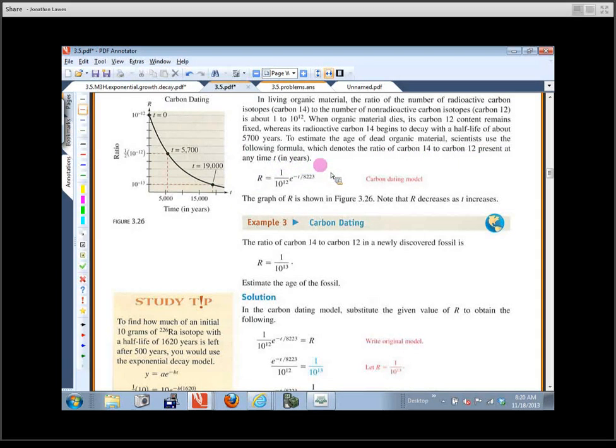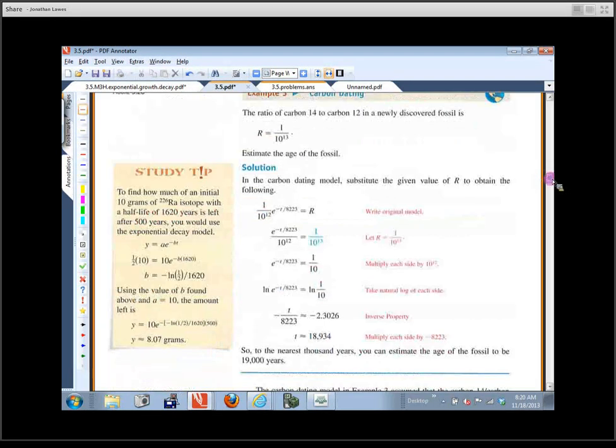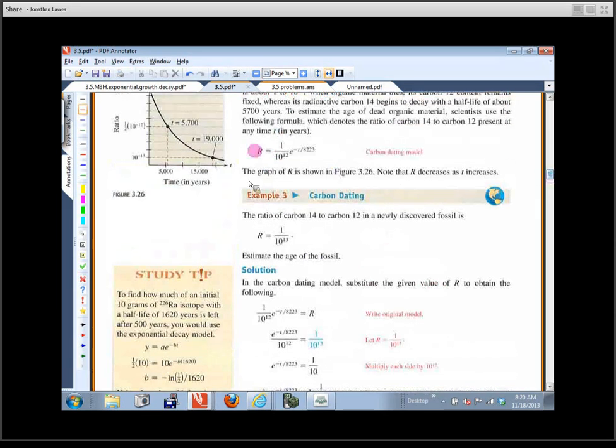The ratio of carbon-14 to carbon-12 in a newly discovered fossil is this ratio right here. It says estimate the age of the fossil. So if that's the ratio, that's what R is. We set R equal to that ratio, and then we solve.